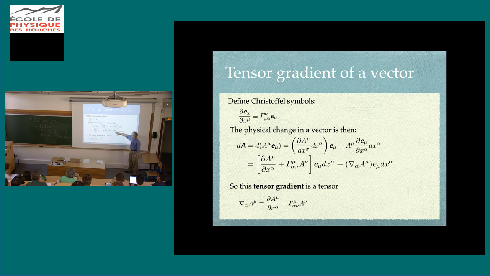So I'm going to call that combination thing. This combination thing is a tensor, and that's what we really want. We want an expression that reduces to the ordinary gradient when you're in a Cartesian coordinate system, but nonetheless works in any coordinate system. And so these terms basically correct this.